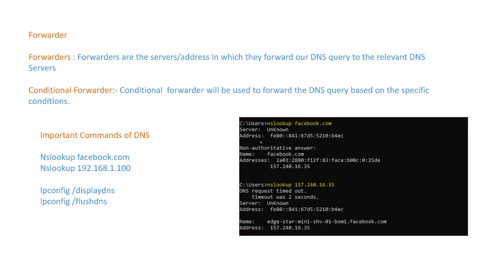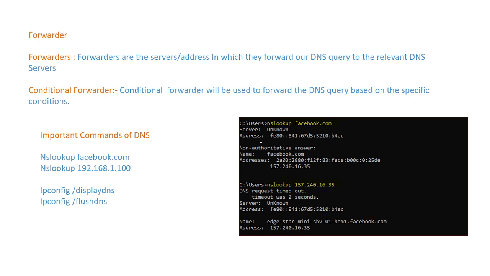We have another forwarder called conditional forwarder. Conditional forwarder means based on some condition he'll forward. Say for example, if your query is for sony.com, then forward the query to server 1. If your query is ending with microsoft.com, like server2.microsoft.com, then you forward the query to server B. Like that, based on some condition, it will forward the query to the relevant DNS server.